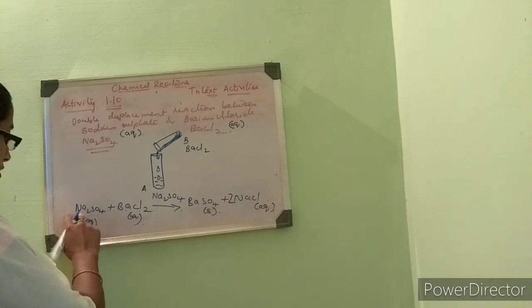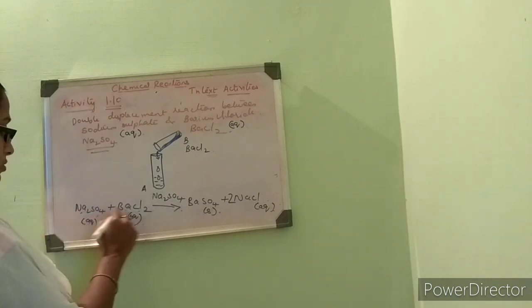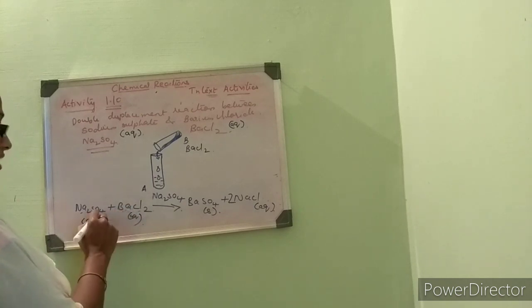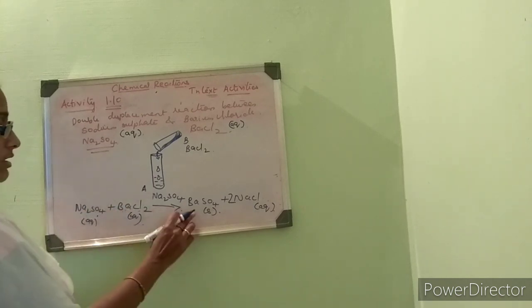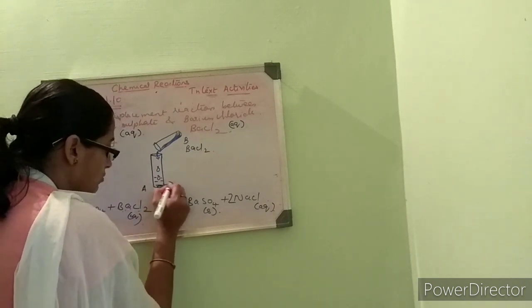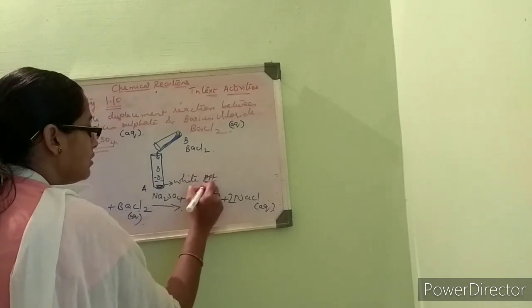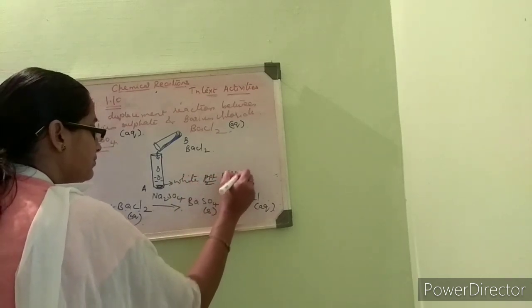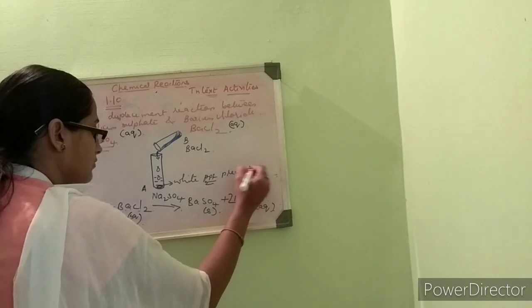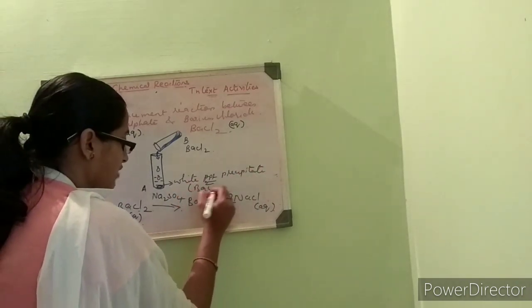Here sodium combines with chlorine, and barium combines with sulfate, and you can see that barium sulfate gets settled down here as a white precipitate, which is known as barium sulfate.